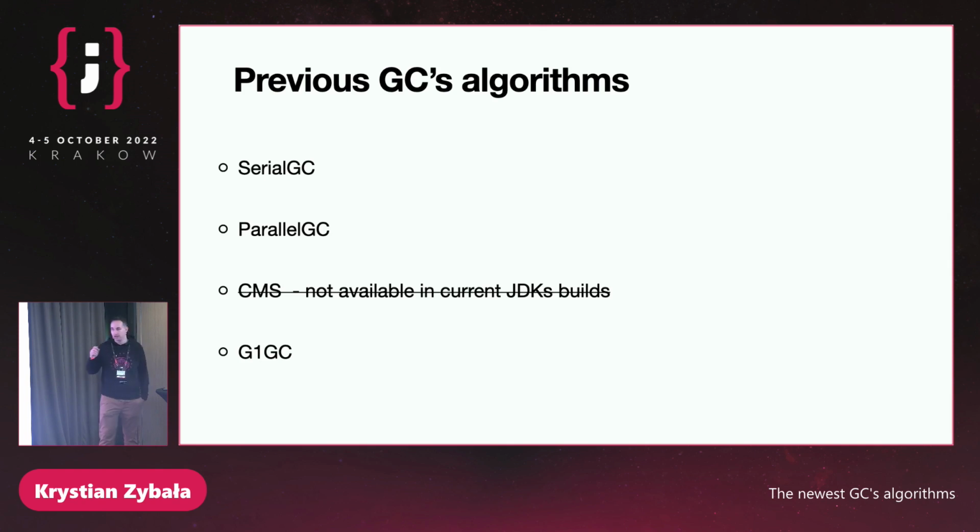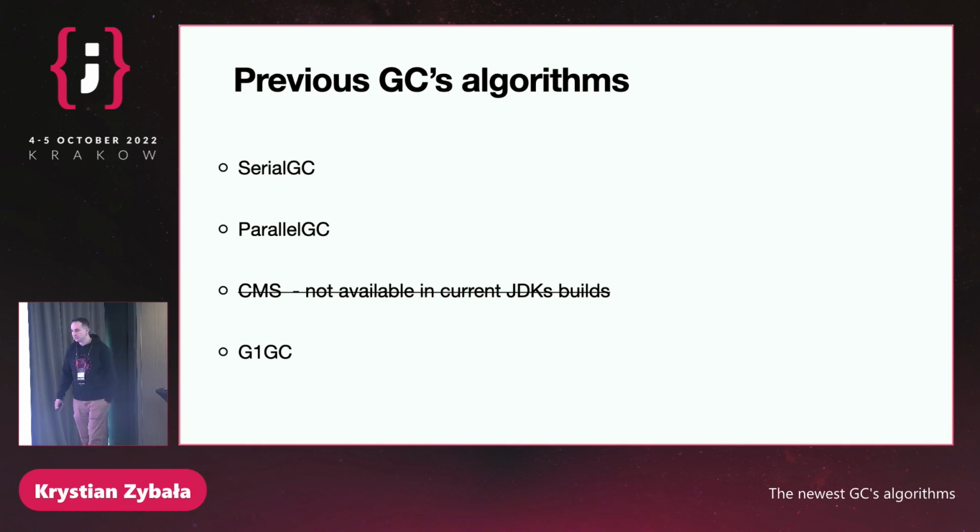But what we're talking about is what exactly we have in previous options. We have serial GC, which is basically the most popular garbage collector in microservice architecture, because we have limitations on CPU and memory. That algorithm is most useful with small heaps.